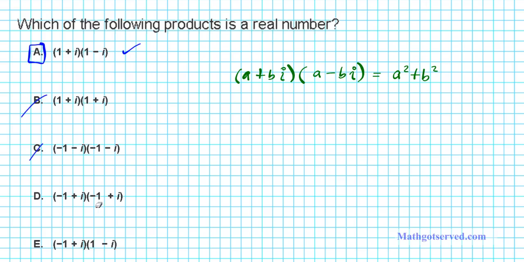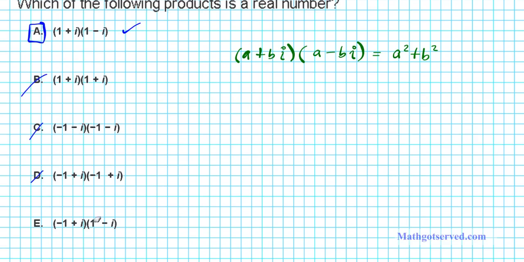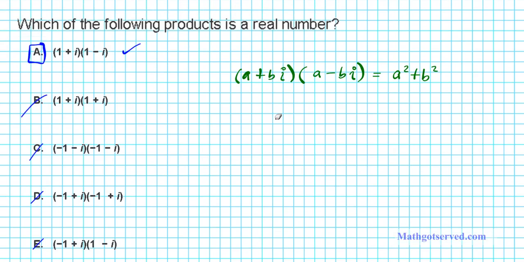In this one, both of them are identical, just like here. No change. And then in E, the real part changes and the imaginary part changes also, which is unacceptable. It is only the sign of the imaginary part that can change to guarantee that your product will be real and that you have two conjugates, a complex number and its conjugate.